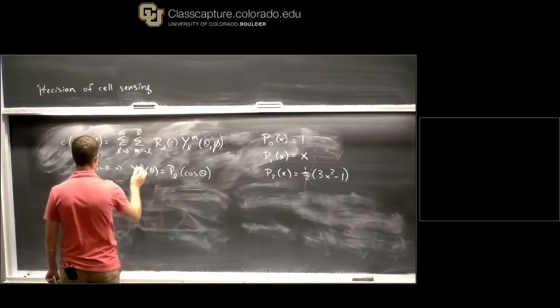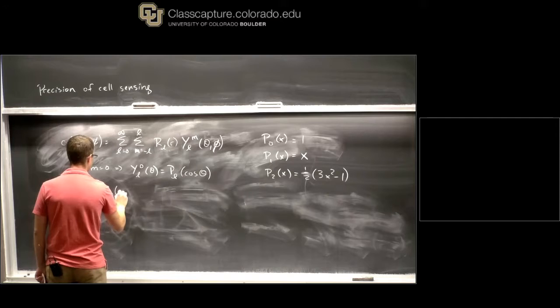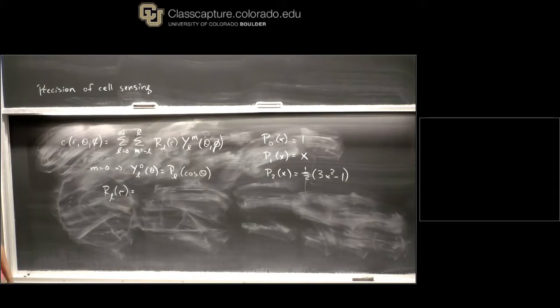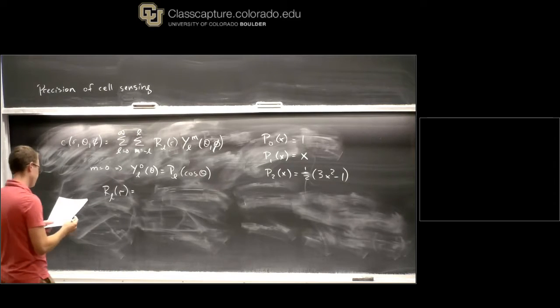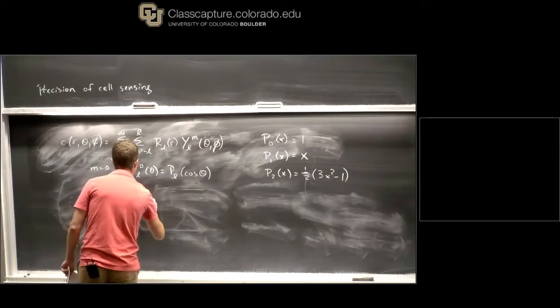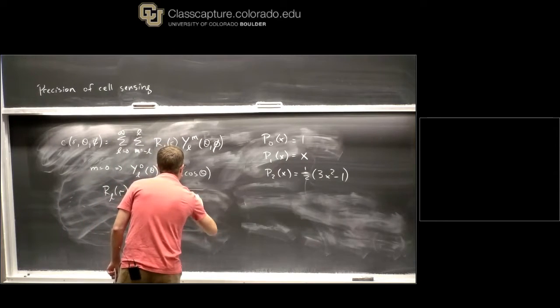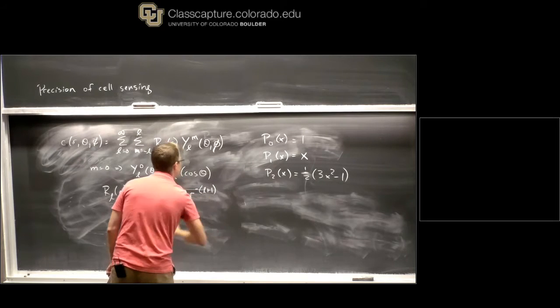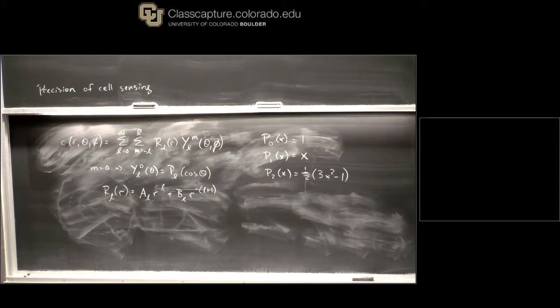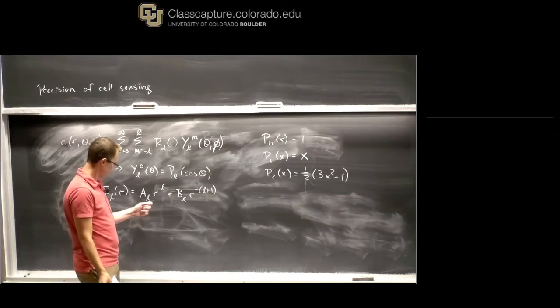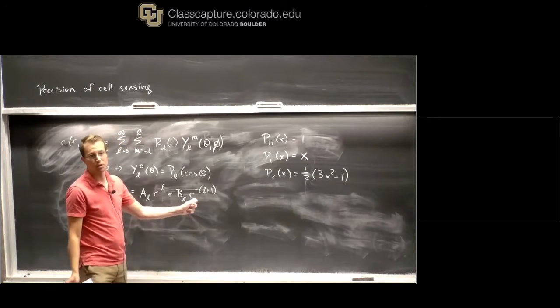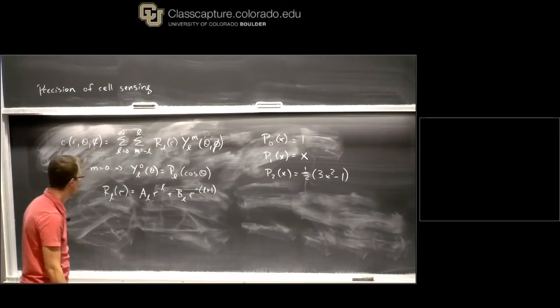And the radial part is sort of the generalization of the radial dependence that we saw before. It is some coefficient times r to the L plus some other coefficient times r to the minus L plus 1. And if there were no theta dependence, like we saw in the concentration sensing case, then L would be 0. This would be my constant, and this would be my 1 over r term.